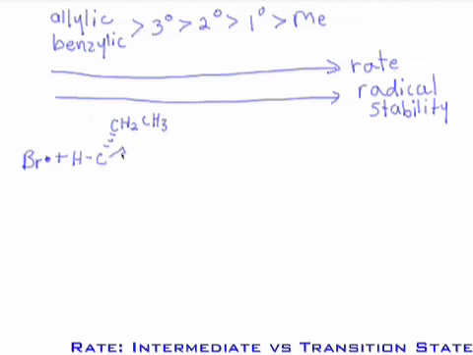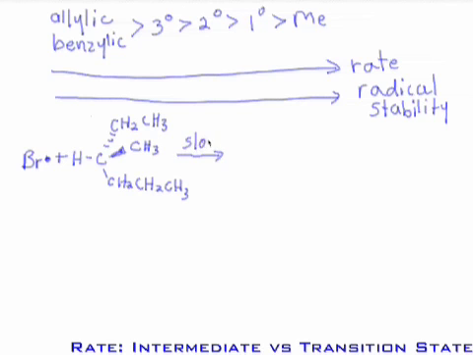I'm going to put a methyl here. And I'll put a propyl here. So we'll have a tertiary H. That's chiral. What's interesting is this is a slow step.